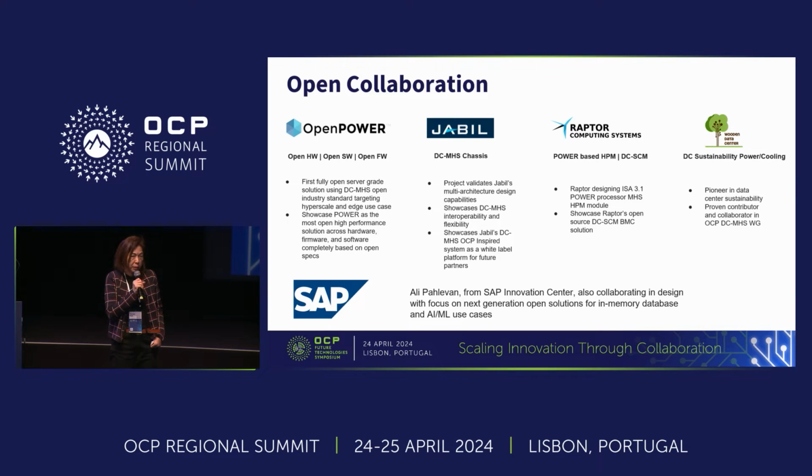It's not just IBM, the other players have also helped to contribute to develop more open assets around the power architecture. So we have open hardware, open software, open firmware, and down at the lowest level you have the Power ISA, which is the instruction set architecture. And IBM granted associated patents royalty-free for the open community to use. So Raptor is utilizing that to build a processor for their business.